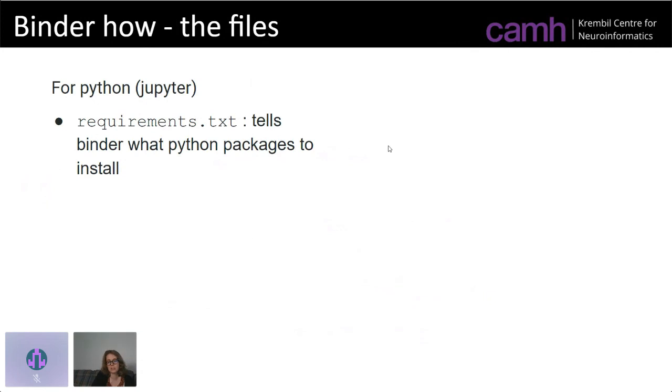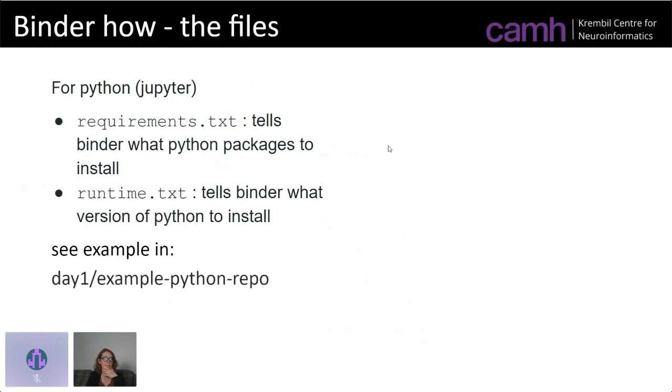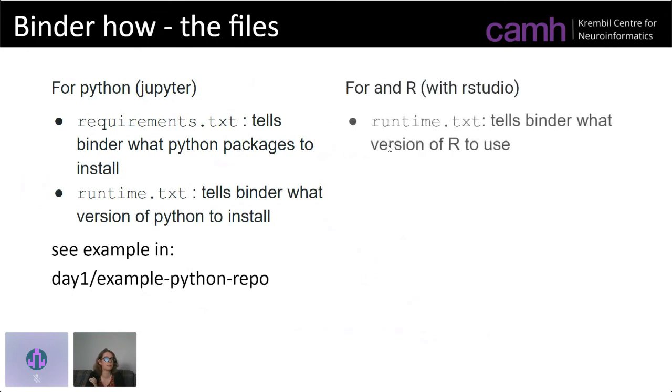It usually just lists all the Python packages that need to be installed, and usually something about their versions. The other thing you can add is this runtime.txt, a small file that just contains exactly the version of Python that you want. You can see an example of this in these two files inside the example Python repo of the day one code.